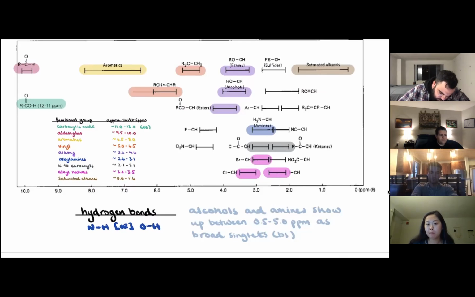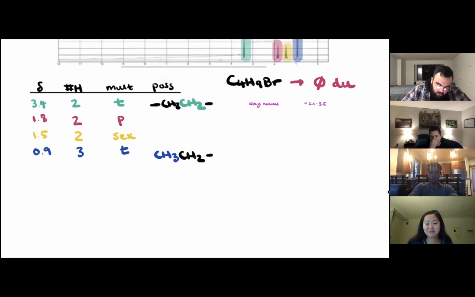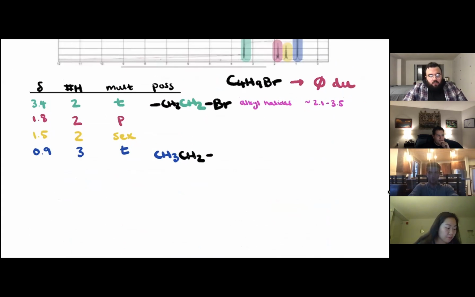So again, this is based off of knowing how to read my shift table. Alkyl halides, 2.1 to 3.5. That likely means that this CH2 will be bound to another CH2 on one side, and on the other side, it'll be next to my bromide. All right, cool. So I have one of my CH2s, one of my CH3s, and then my bromine next to that CH2.